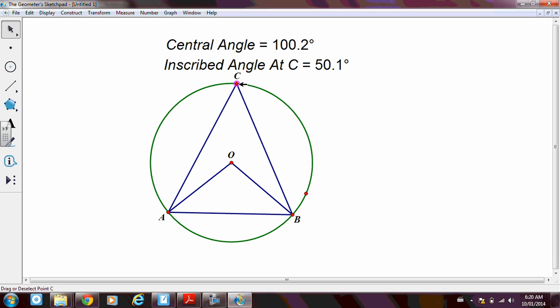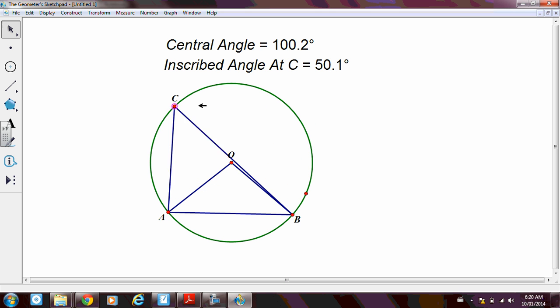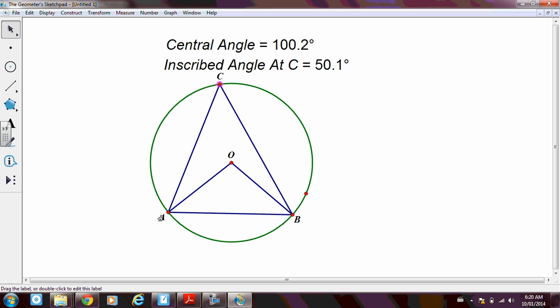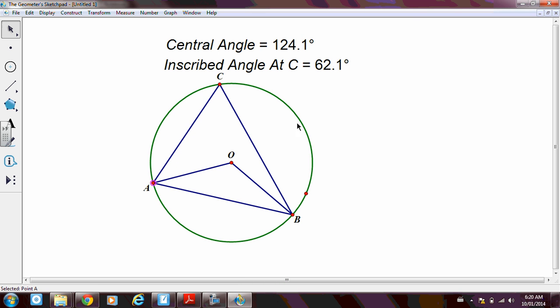Certainly nothing fancy, but as I move C around, I've got the computer measuring the angles, and you can see there's no movement at all in the size of the angle. If I started moving A around, 124, 62, the decimal place is off, but that's just because the measurement's not perfect.